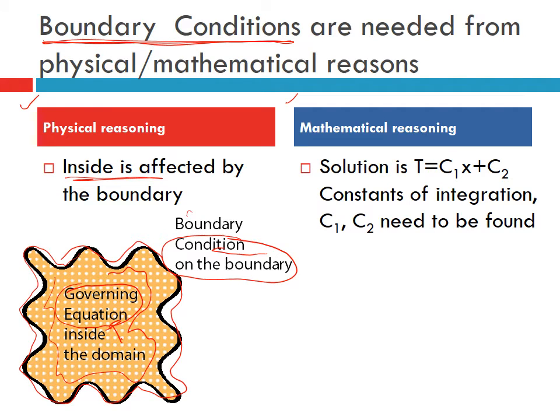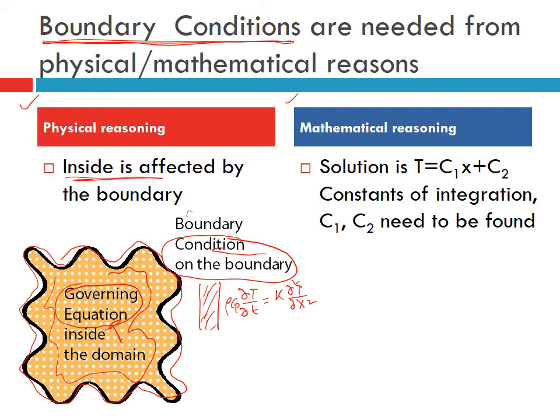Mathematical reasoning goes this way. Suppose we are doing a slab, for which we have the equation for conduction only. The equation goes like this: rho Cp dT/dt equals k d²T/dx².